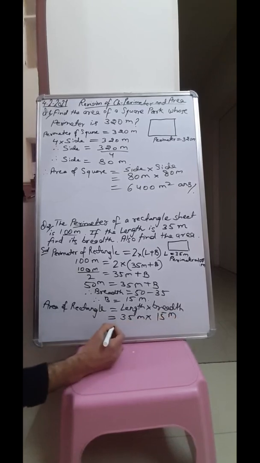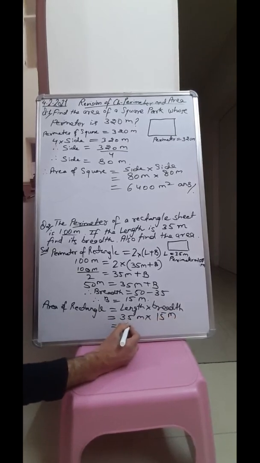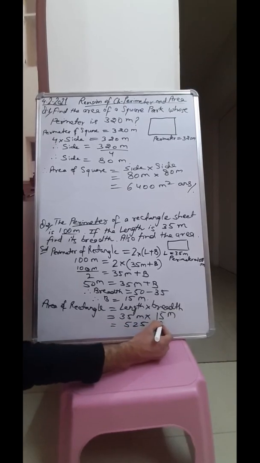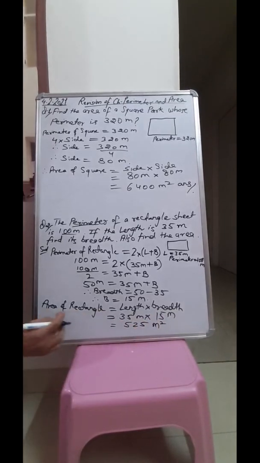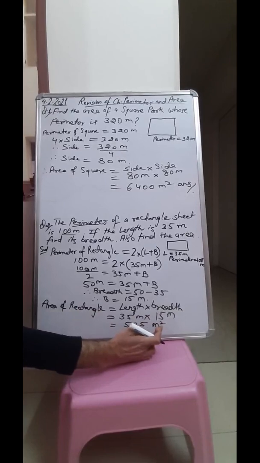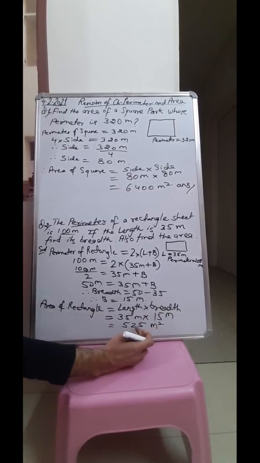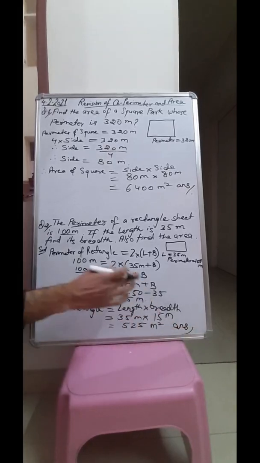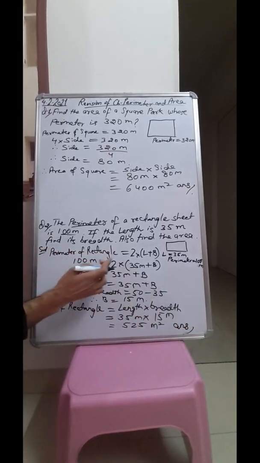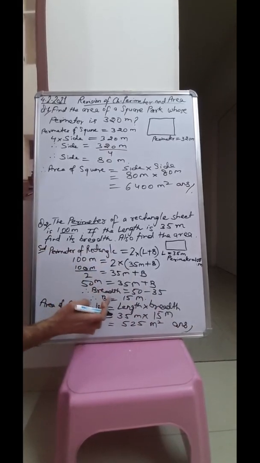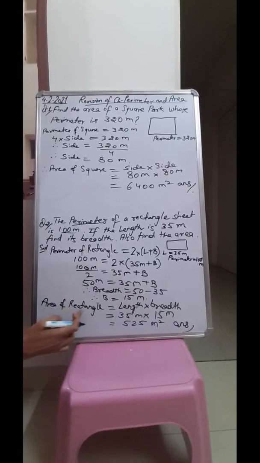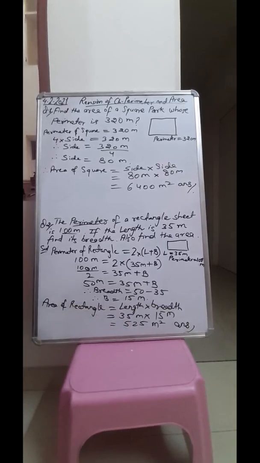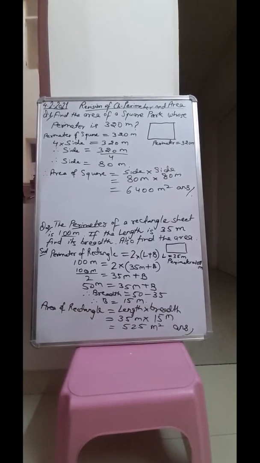When you multiply them, you will get 525 meter square, because area always comes in square units. So the answer will be 525 meter square. In this way, first using the formula of perimeter we found the breadth, and after finding the breadth we found the area of rectangle, that is length multiplied by breadth, and the answer is 525 meter square.